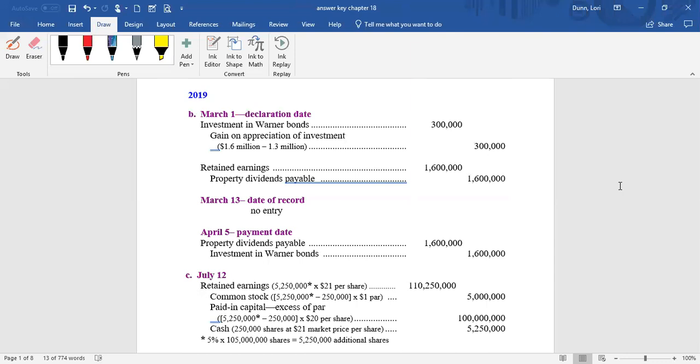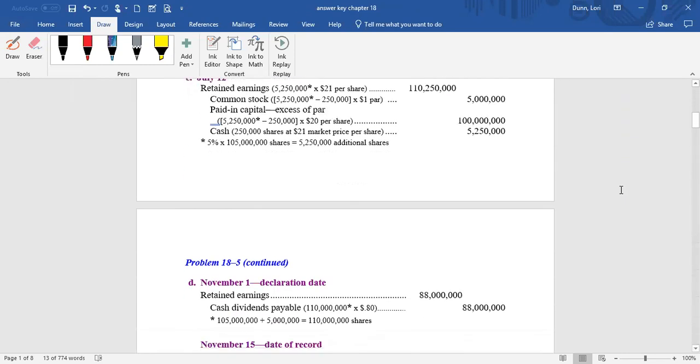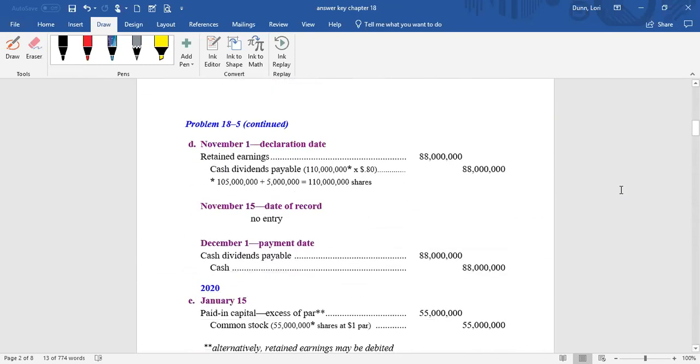On November 1st, the board of directors declared another cash dividend of 80 cents per share, payable to the date of record, November 15th, and then ultimately December 1st. So again, now be careful. When we did this calculation back on November 1st, 2018, there were only 105 million shares outstanding.